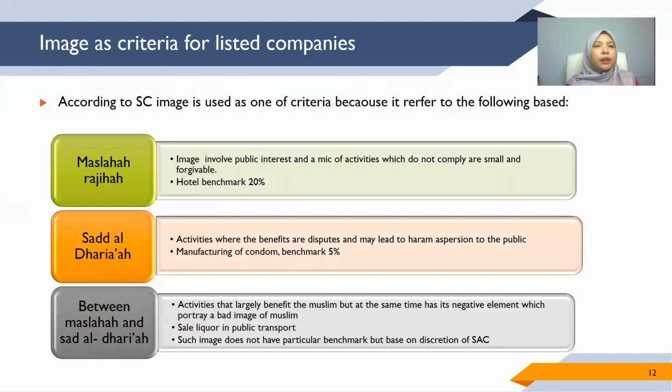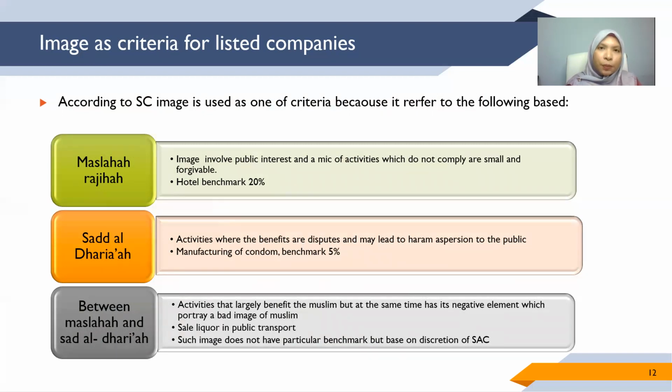And then Sadd al-Dhara'i, closing the doors to evil, menutup pintu-pintu ke kejahatan. For example, an activity whose benefit is disputed and may lead to haram exposure to the public, for example manufacturing of condoms.